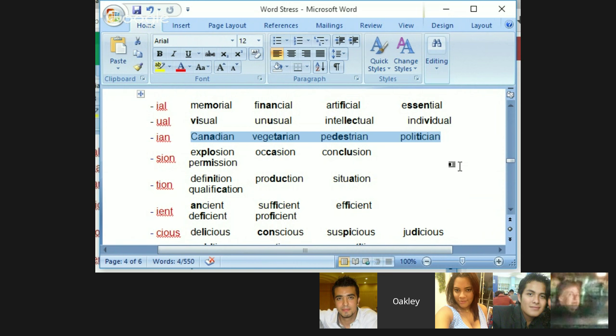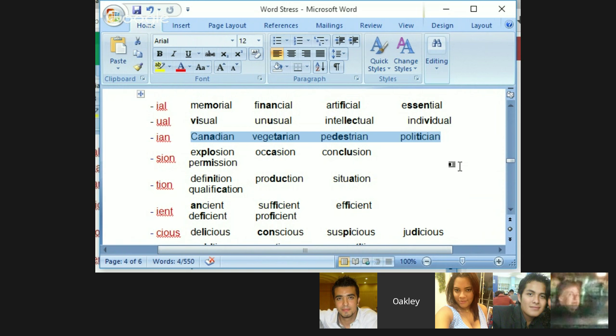Exactly. Canadian, vegetarian, pedestrian, politician. I think all of them can be nouns, definitely. Correct. But Canadian, vegetarian, and politician can be adjectives, right? But I'm not sure about pedestrian.